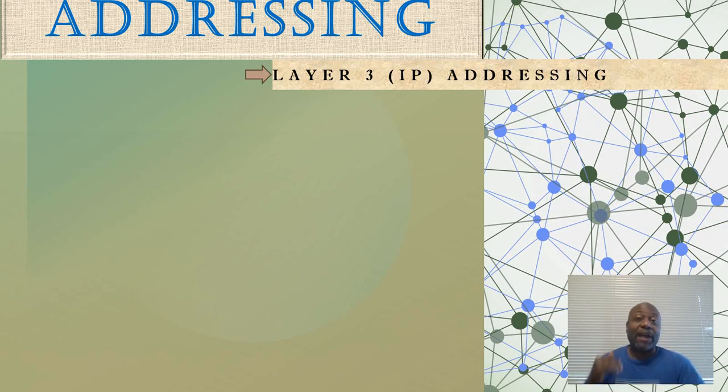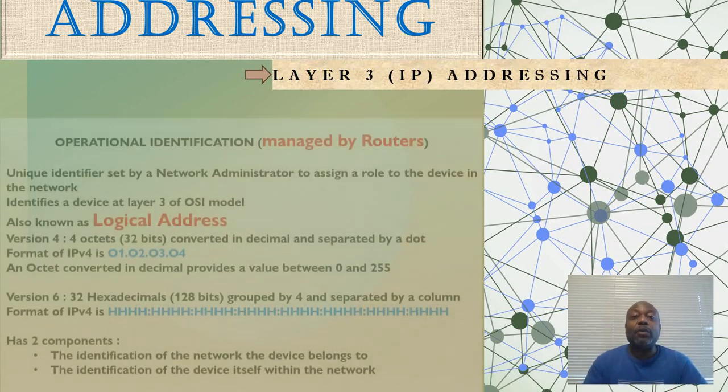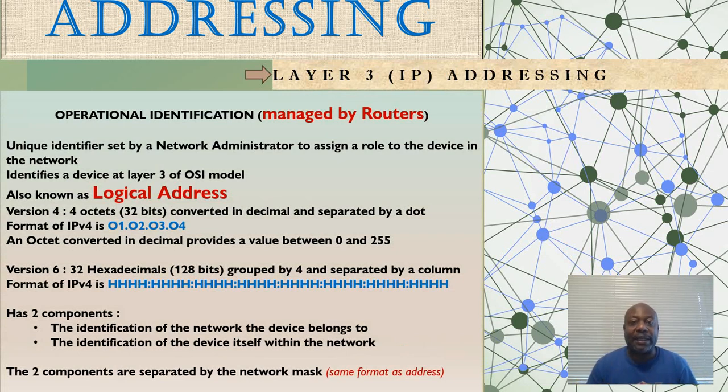That's why we're going to have another layer of addressing on top of that one, which is going to permit us to assign a job to a device, and that's what we call an operational identification, because that will permit us to decide that this device is going to be a server, or let's say a domain server.